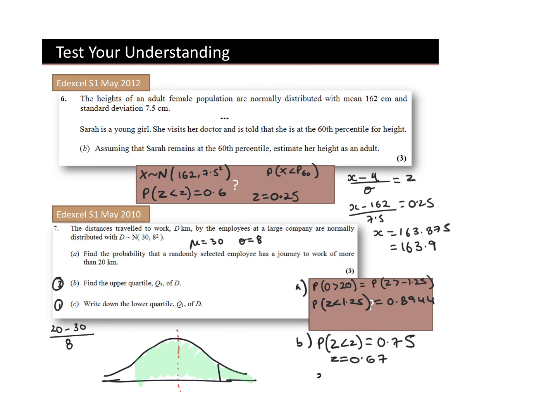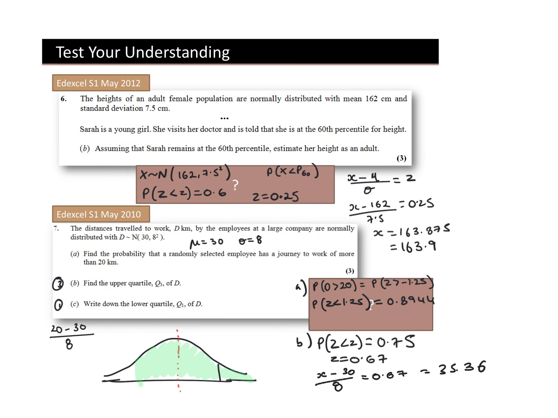So that means that X minus the mean over 8 equals 0.67, which is 0.67 times 8 plus 30, I get 35.36.